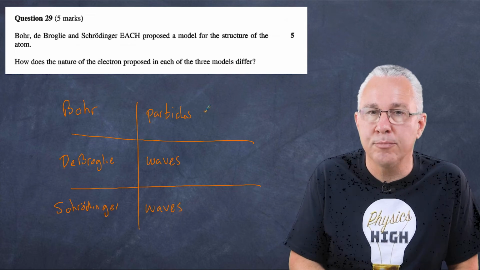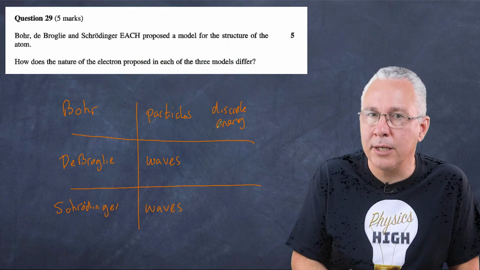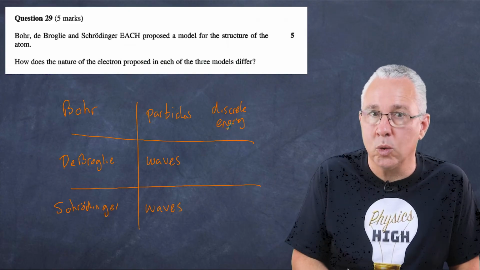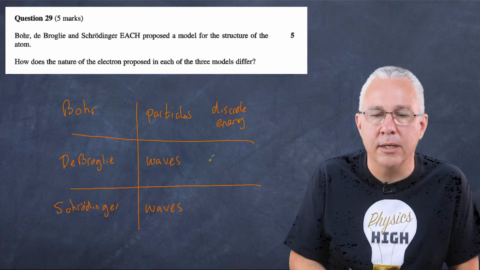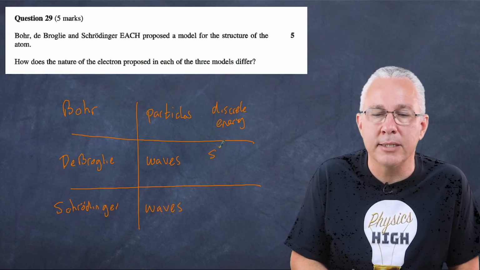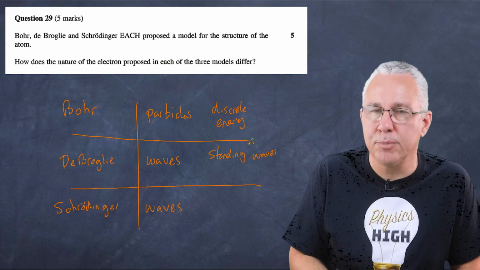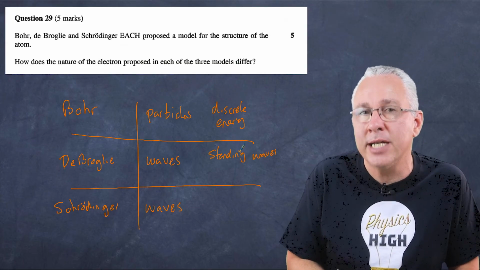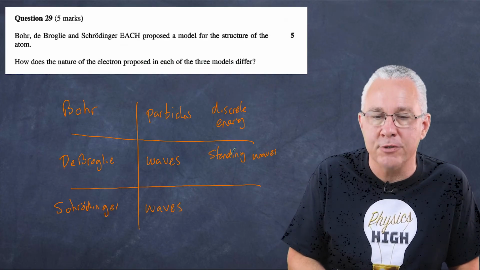Secondly, in terms of Bohr, they have discrete energy, but they are particles nonetheless in discrete orbits. Whereas de Broglie talked about waves, in this case standing waves. In other words, de Broglie modified Bohr's model by saying, look, I can give a reason why they are in discrete orbits if we treat them as standing waves, not as particles.